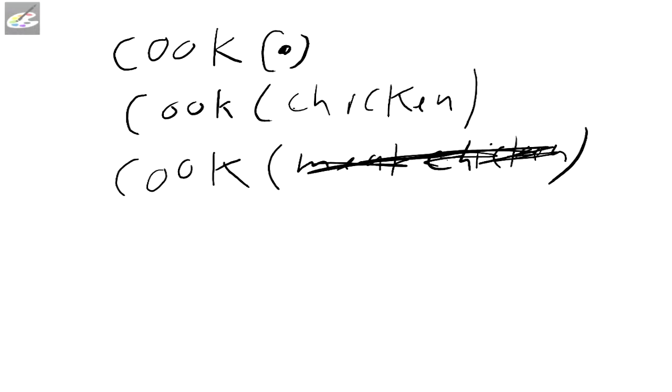Actually, in this case it would be of type food, because remember how I said that you have your own formatting style of your parameters? This is what you're talking about. So here's food, and in this case chicken would be of type food, right?